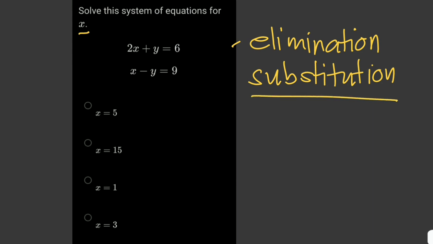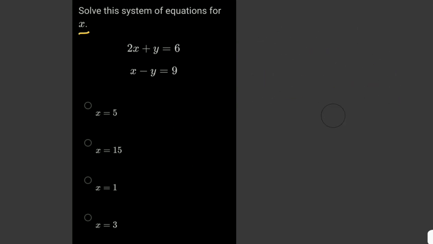And in substitution, we can rewrite one of the equations in terms of one variable and then substitute it into the other equation. Now, the easiest way to solve the system of equations here is elimination. We can eliminate y here by adding the 2 equations. So let's add these 2 equations.